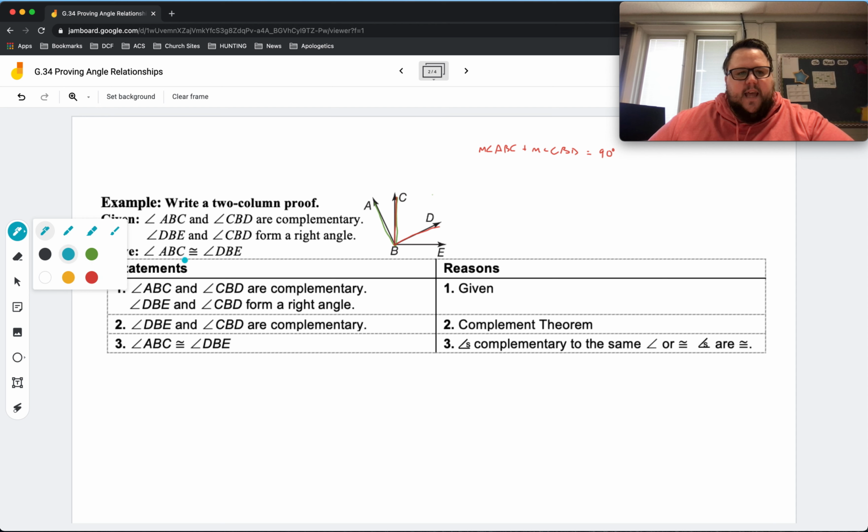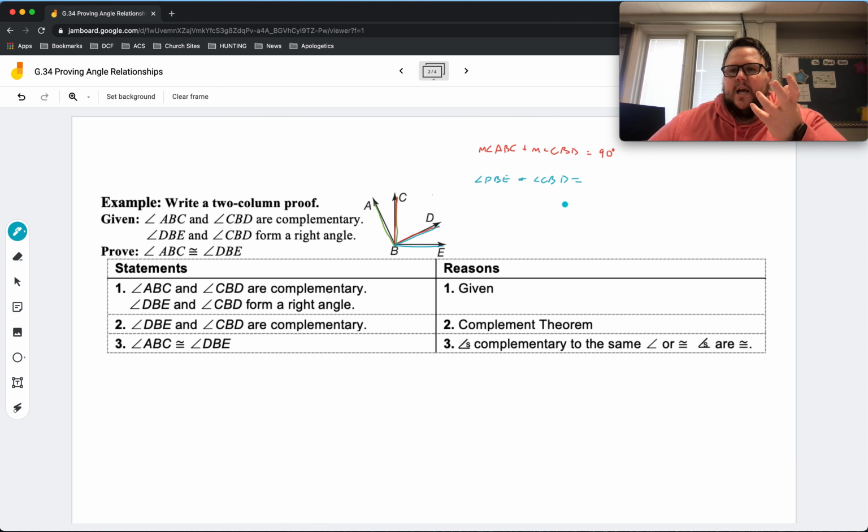Then they tell us that angle DBE and CBD, which is in red, form a right angle. So now what are they telling me? Angle DBE and angle CBD, they form a right angle.